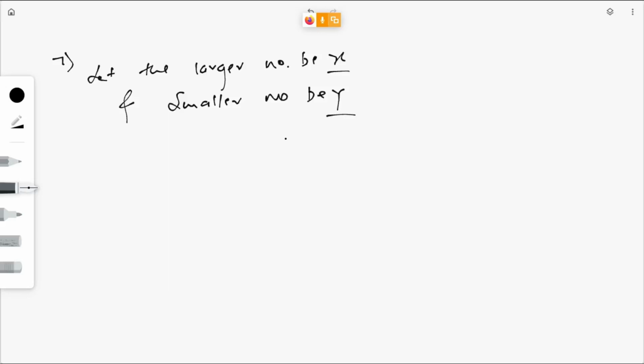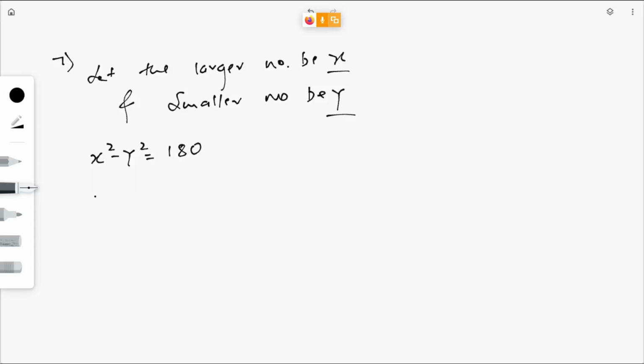As per the first statement, the difference of squares of the two numbers is 180. So you need to take the larger number first: x square minus y square is equal to 180. Any questions here?